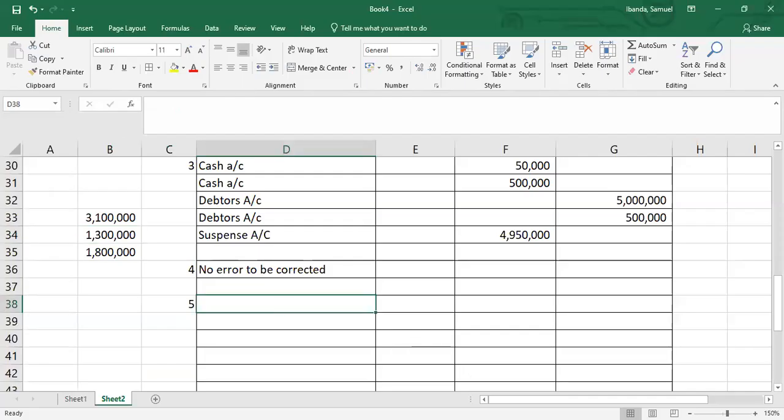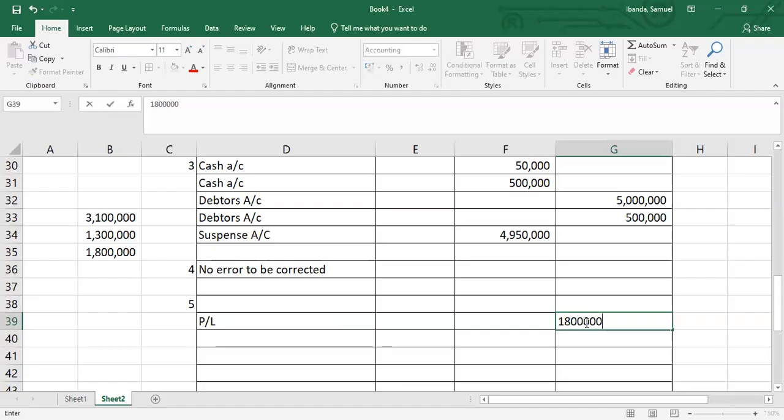So what I'm going to do is credit my P&L with the 1.8.